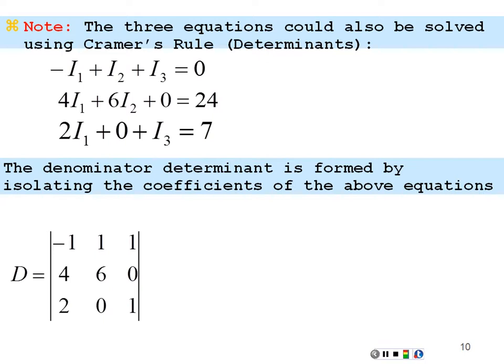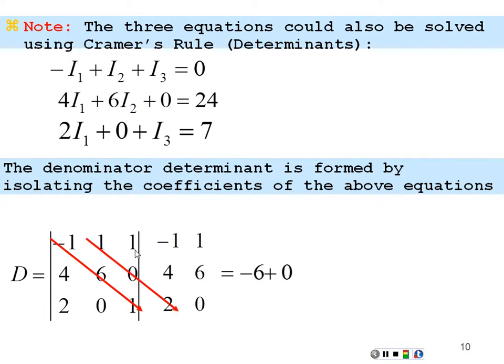One way I like to do these 3 by 3 determinants is to repeat my first two columns, and then I'm going to do all my diagonals, add these three diagonals going down this way, and then subtract the three diagonals going up the other way. So for my first diagonal, I have negative 1 times 6 times 1, which will be negative 6. Then I have 1 times 0 times 2, which is 0.